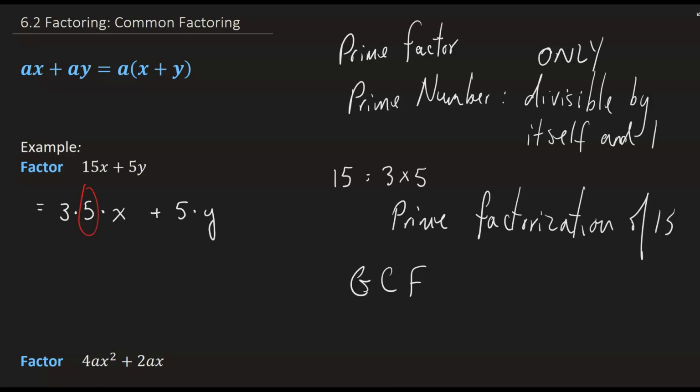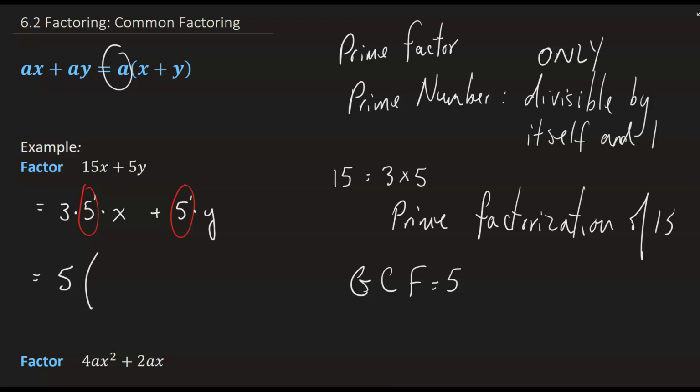However, 5 is a common factor. x is not a common factor, and y is not a common factor. So 5 to the power of 1, which we don't see when it's not written, is the greatest common factor. So in this case, it's equal to 5. So I will factor out a 5. That will become my coefficient.